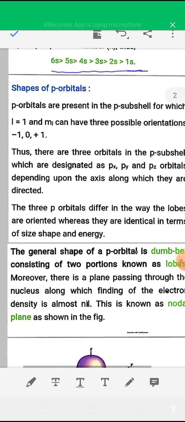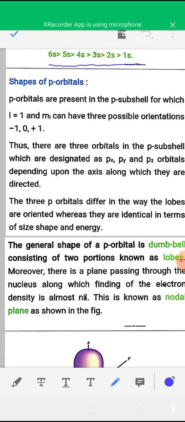Now see the shape of p orbitals. P orbitals are present in the p subshell, and for the p subshell the value of the azimuthal quantum number l is equal to 1 and the magnetic quantum number ml can have three possible values: -1, 0, +1.